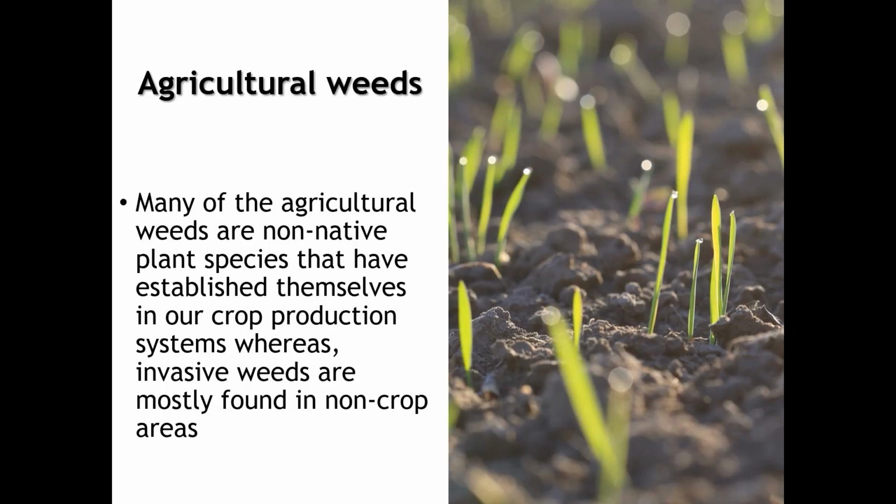Then we have the agricultural weeds that we are concerned about. Many of these agricultural weeds are non-native plant species, but they have established themselves in our crop production systems, whereas invasive species are mostly found in non-crop areas.